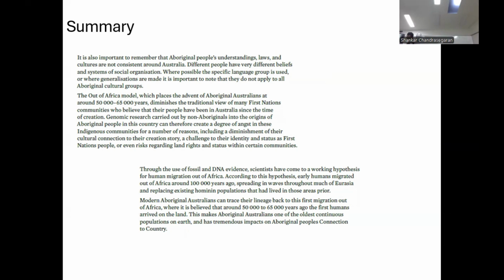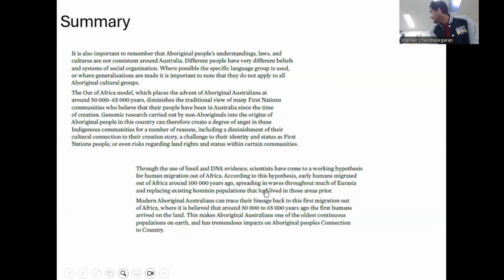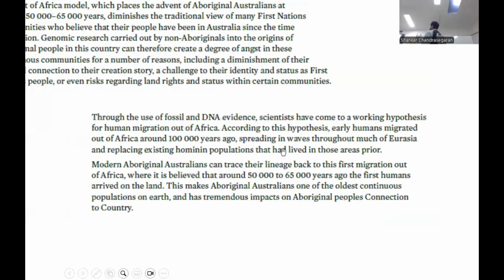Okay. So by using fossil and DNA evidence, scientists have come to a working hypothesis for human migration out of Africa. According to this hypothesis, early humans migrated out of Africa after emerging in Africa for around 100,000 years, spreading in waves throughout much of Eurasia and replacing existing hominid populations that had lived in these areas prior.